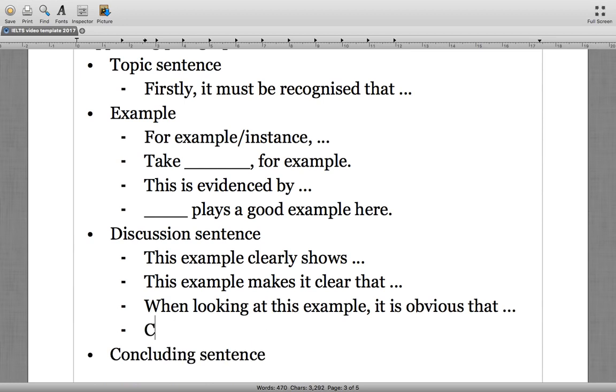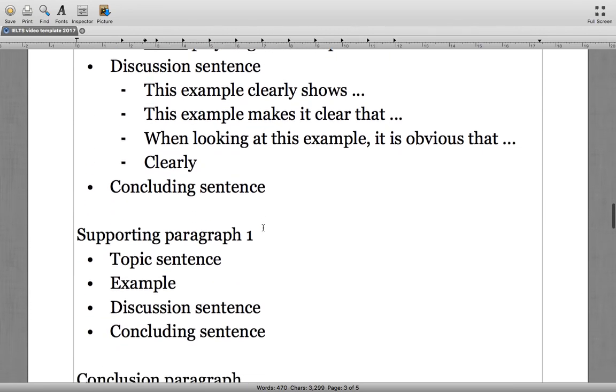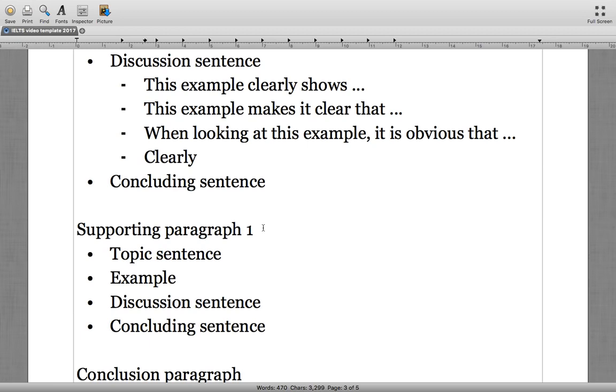Or even something as simple as clearly, and then you're sharing the conclusion that you're leading to, or the logical progression that you want the reader to experience or to notice.